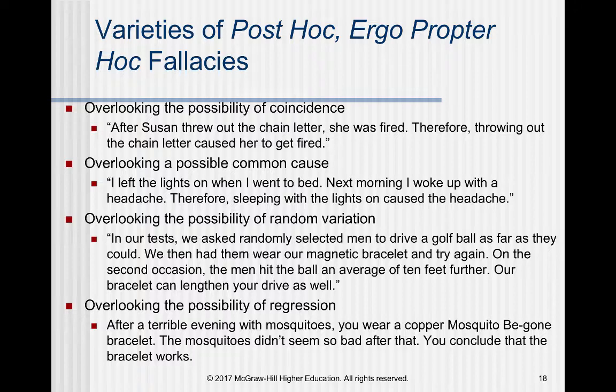So in this case, after a terrible evening with mosquitoes, you wear a copper Mosquito Be Gone bracelet. The mosquitoes didn't seem so bad after that. You conclude that the bracelet works. In this case, the first evening there could have just been a lot more mosquitoes out there, and the second evening it wasn't so bad with a more normal number of mosquitoes, and the copper bracelet may not have had anything to do with it at all.